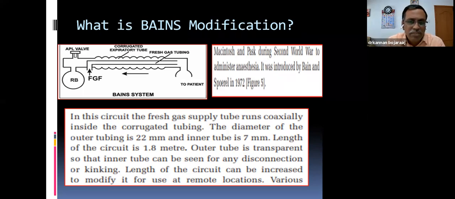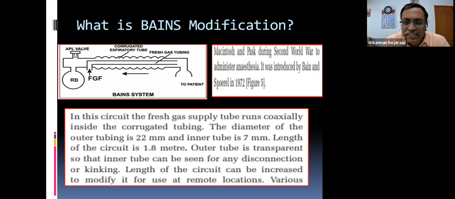And what is the assembly of this Bain? What are all the parts here? There is a corrugated tubing with a diameter of 22 mm. That is an expiratory limb having the diameter of 22 mm. And the inner tube for the fresh gas flow is 7 mm. And the total length of this tubing is 1.8 meters.